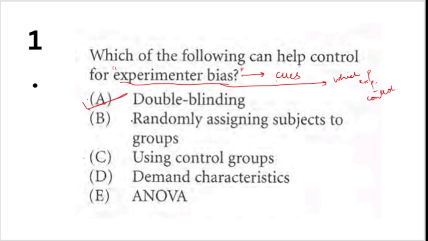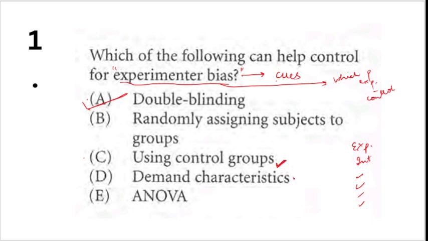We cannot always randomly assign subjects to the groups because maybe the experimental group needs to be given an intervention, and there are a few characteristics or criteria. So we cannot always do that. We will make use of the control group, but if the person knows who is in the control or experimental group, there would be some kind of expectancy effect.